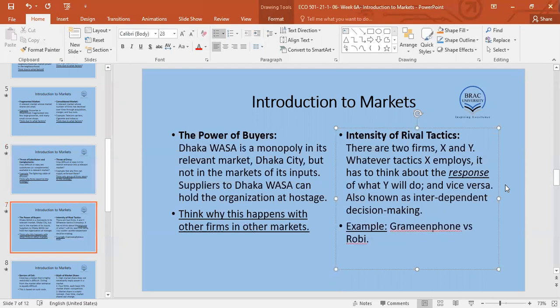Because there are, say, three or four players in the market, like the telecom carriers in Bangladesh. If Grameenphone decides to launch a certain type of product, what responses will the other three make? The other three are also thinking like this. So when we have a market dominated by very few firms, not a fragmented market with some very big firms on one side and very small firms on the other, it's an oligopoly, as we will see later on. Then we have to think about interdependent decision making, and that becomes rival tactics.